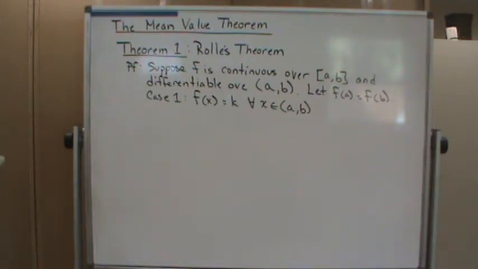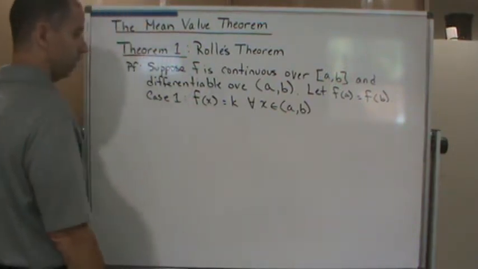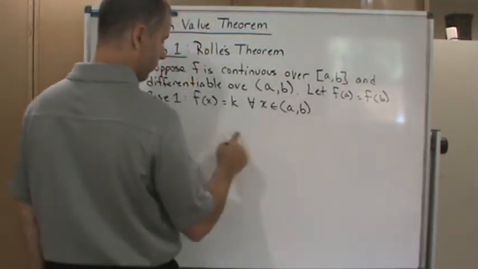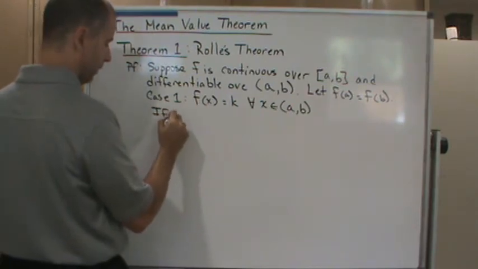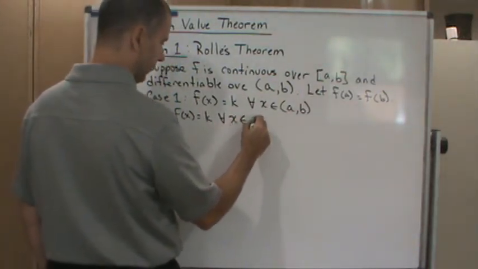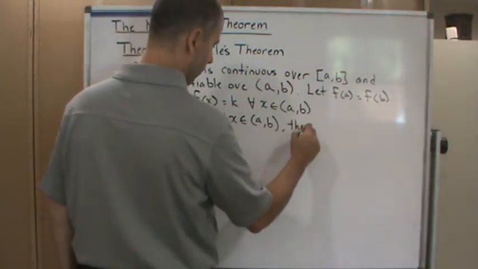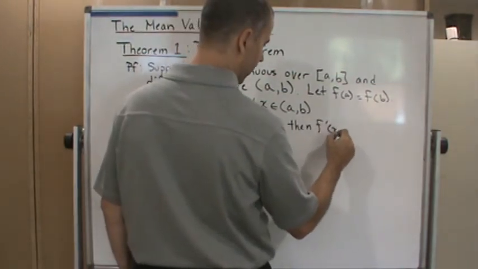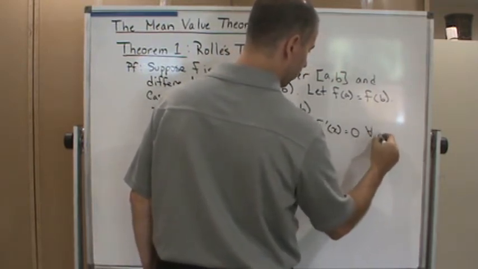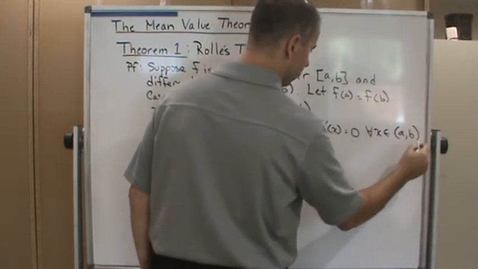If f of x is equal to k for all x in the open interval AB, then we have a horizontal line, because we're letting f of A equal f of B. So f prime of x equals 0 for all x in AB.